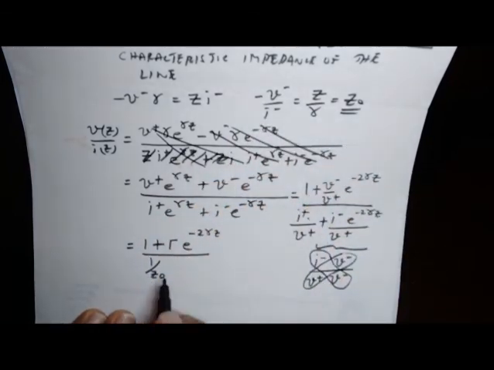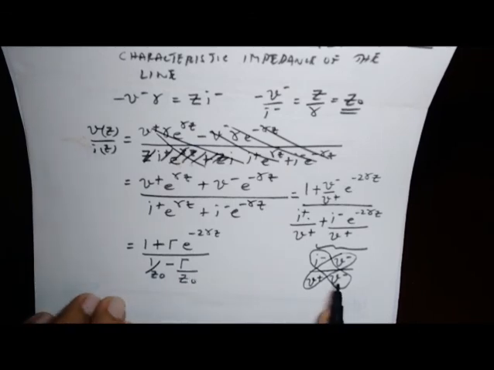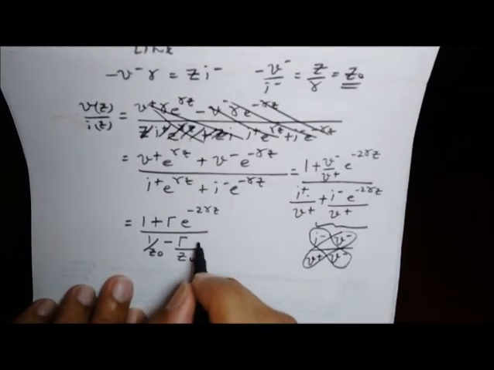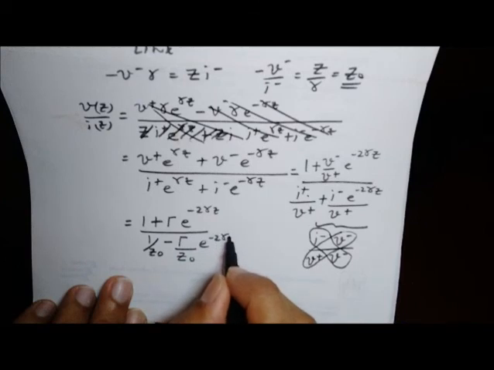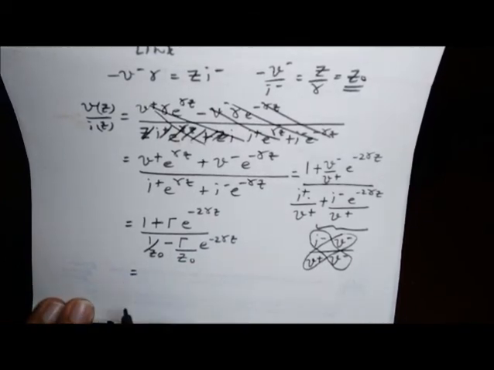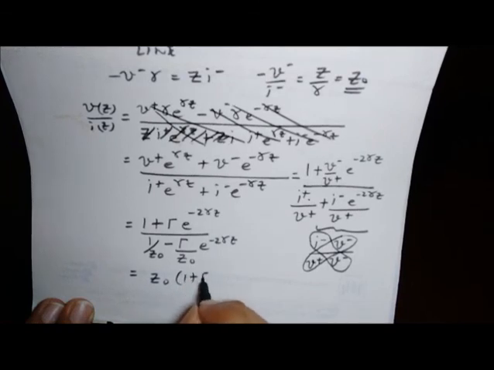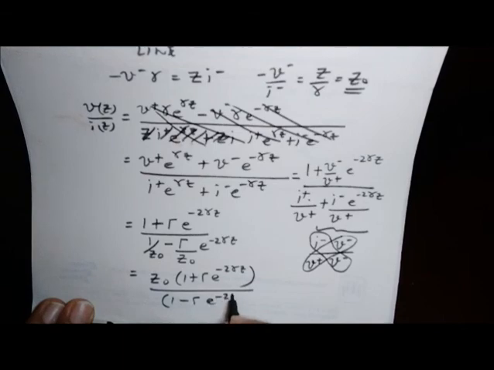So we can write this as capital gamma divided by Z naught, because V minus by I minus is minus Z naught, and e power minus 2 gamma Z. So that now becomes Z naught times 1 plus gamma e power minus 2 gamma Z divided by 1 minus gamma e power minus 2 gamma Z.